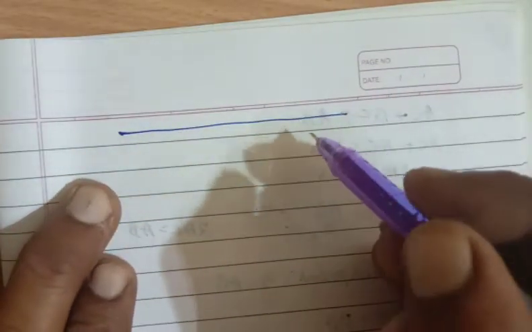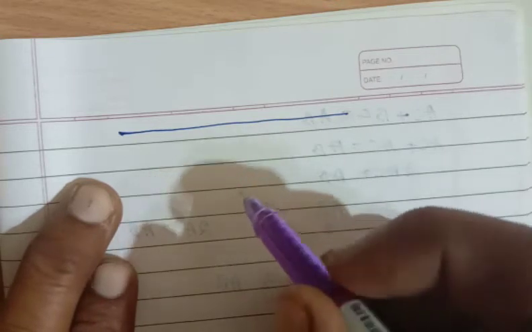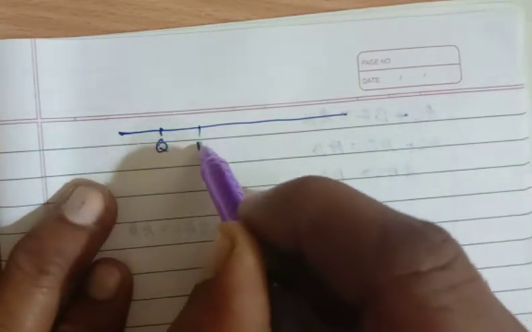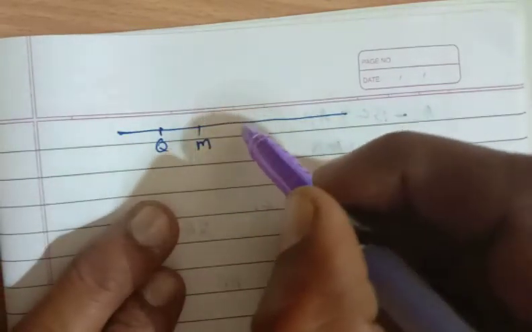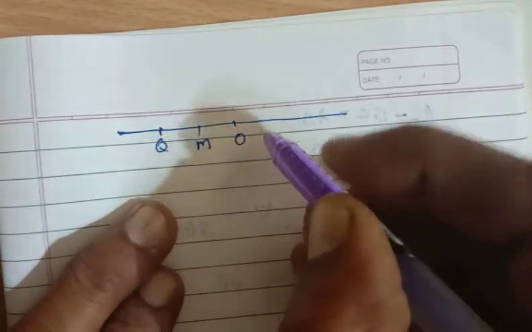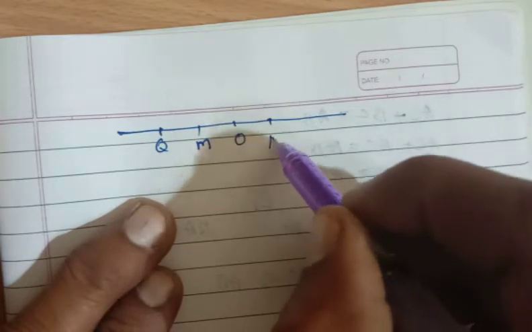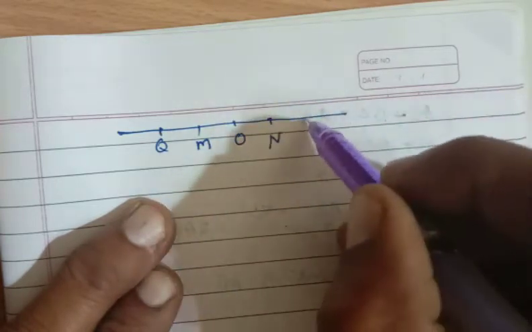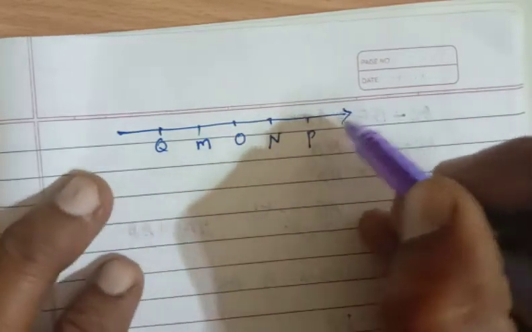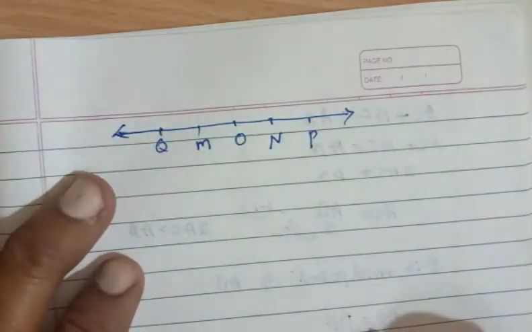This is the figure of a line. This is point Q, this is point M, this is point O, this is point N, and this is point P. This is one line.